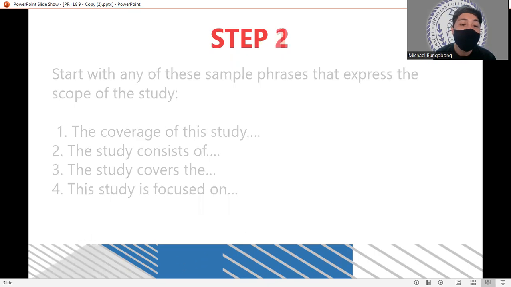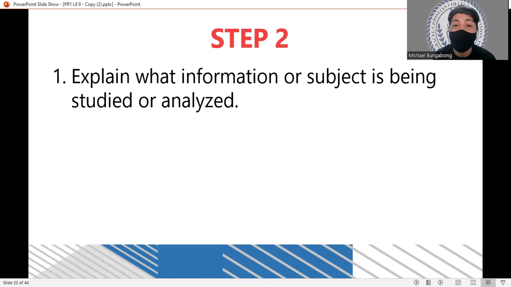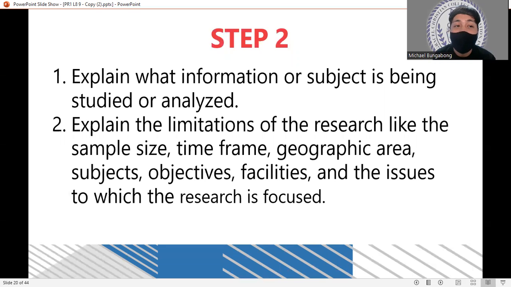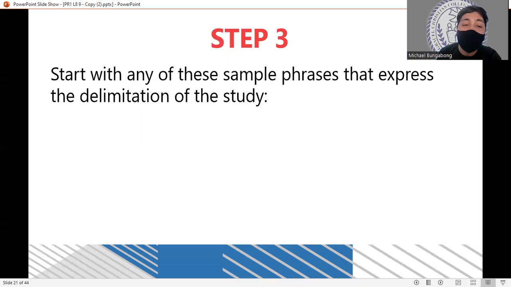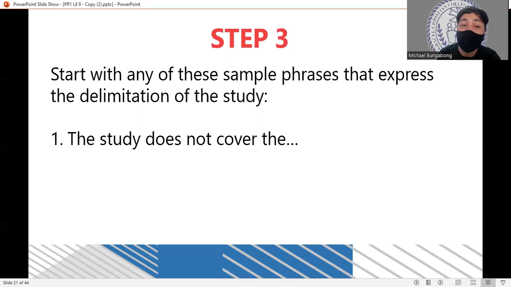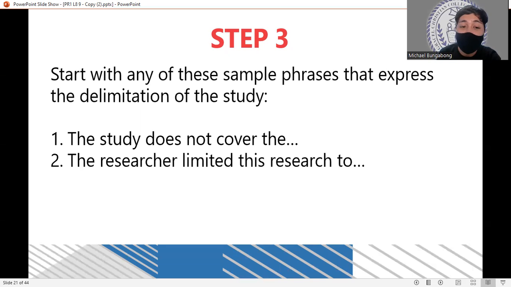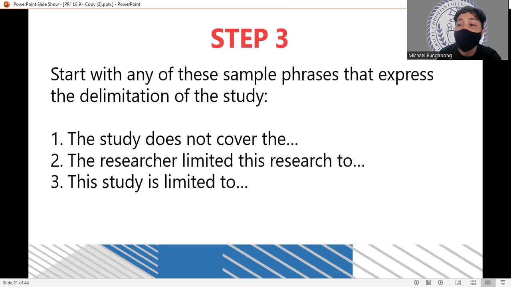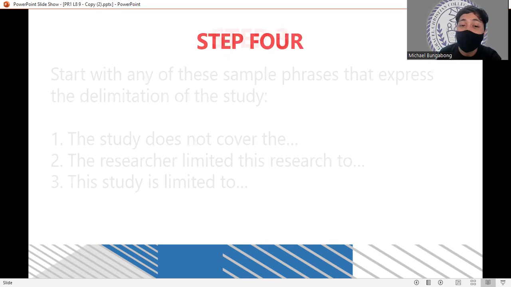All right. So next, step two, explain what information or subject is being studied or analyzed. Next, explain the limitation of the research, like the sample size, time frame, geographical area, subject, objectives, facilities, and the issues to which the research is focused. Step three, start with any of the sample phrases that express the limitation of the study: the study does not cover, the researcher limited this research to, the study is limited to.